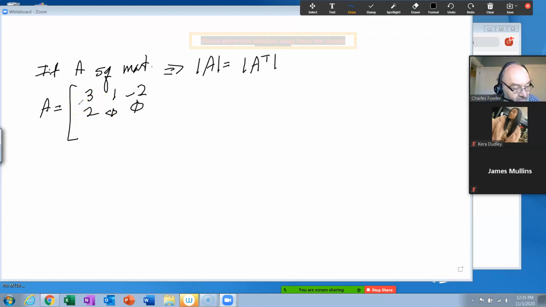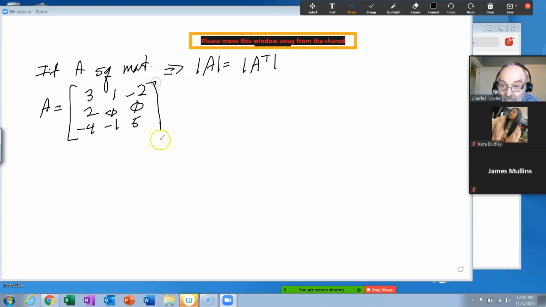Negative 4, negative 1, 5. Now what we want to show is that the determinant of A is the same as the determinant of A transpose. Now, let's first do the determinant of A.